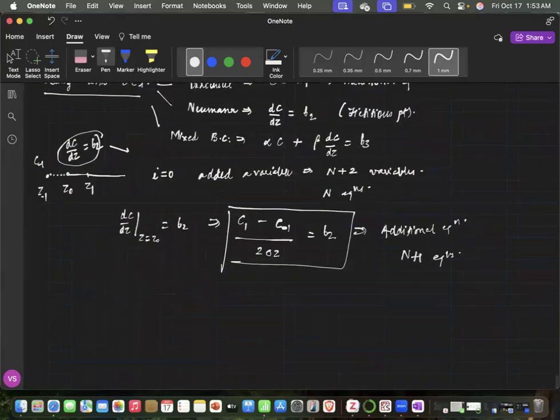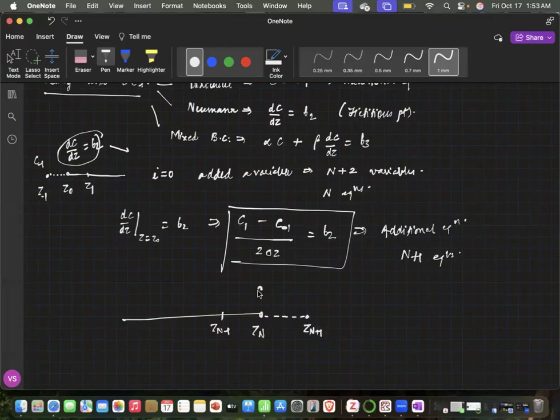And similarly, let's say at both the boundaries you have a Neumann condition. So let's say the right boundary, which is Zn, also has a Neumann boundary condition. So over here we have Zn minus 1, and here we could consider a fictitious point Zn plus 1, and dc/dz at Zn is, let's say, capital B2.